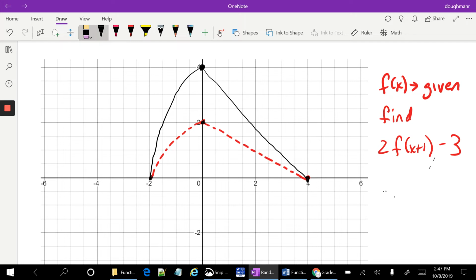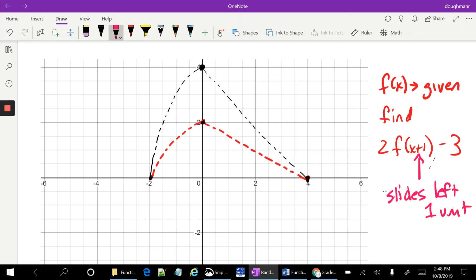All right, and once again, let's make that in the background. The next thing we're going to do is take care of this x plus 1. And we know that when we add 1 to the input, it actually slides or translates the curve left by 1 unit.